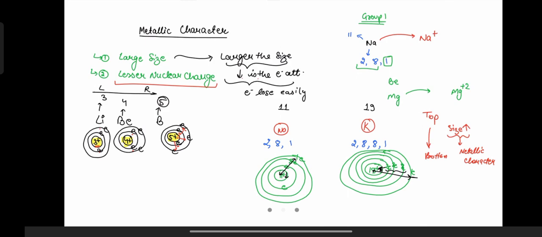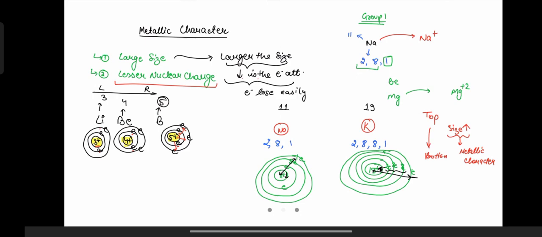And as you move from boron to fluorine, further right in the period, you will find that this attractive force is increasing more. Hence, the nuclear charge, that is the proton charge, is attracting the electron more, or we could say holding the electron more, and not letting it go out, right?